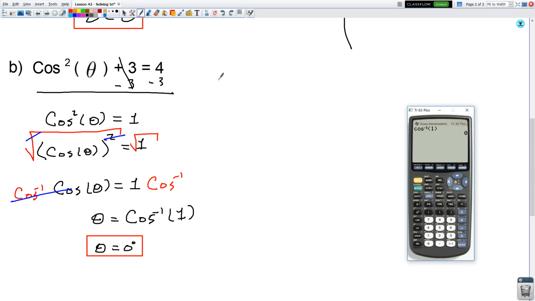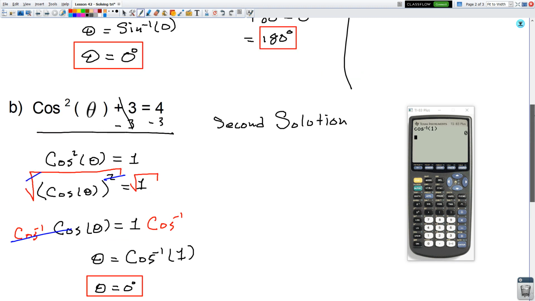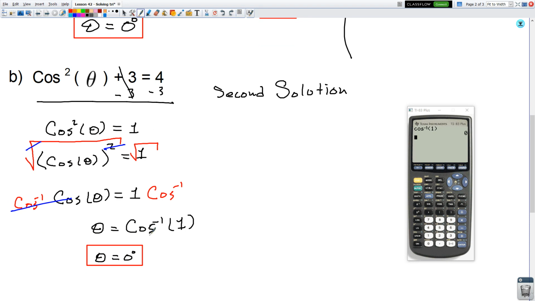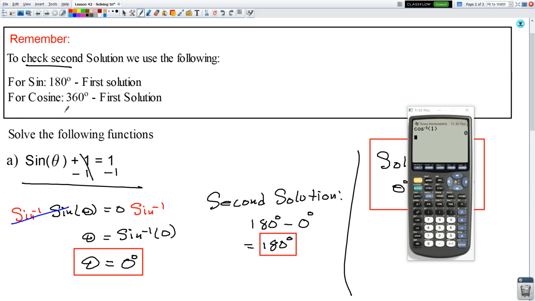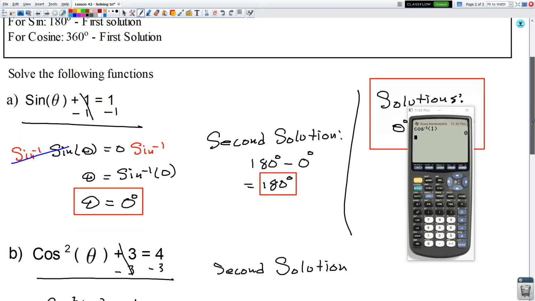So now if we want to check the second solution, we've got to remember that we're talking about a cosine function here. So for us to check the second solution, when it comes to cosine, it is 360 degrees minus the first solution.